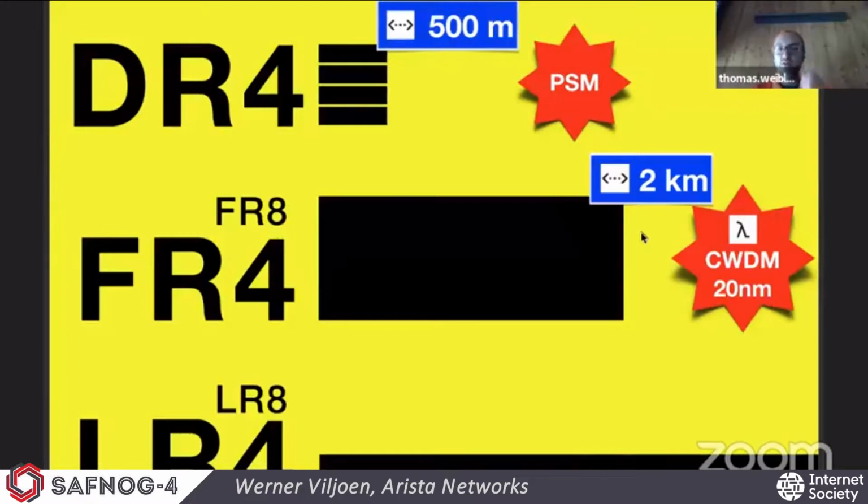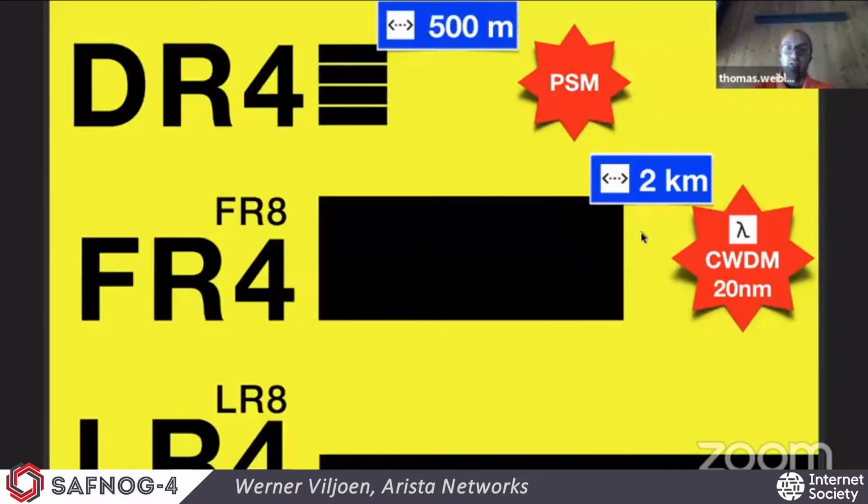And I think that's a pretty hot and nice candidate, even for defined interfaces on an exchange point, for example, because the exchange point only defines the interface at their side. When they say, okay, we follow the IEEE and it's FR4 technology based on IEEE, then you as a client know which kind of transceiver you need to use.